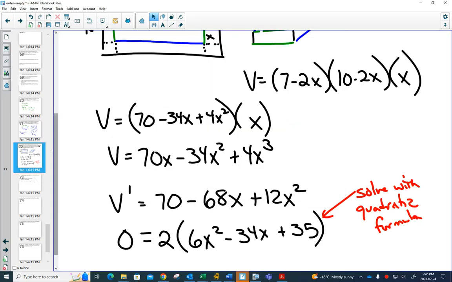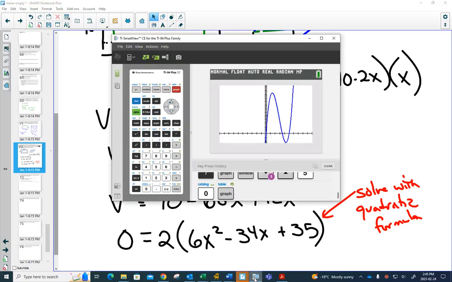You can't cut negative squares out of your corner. When looking at this graph for volume, some other things. Oh, here's a section of the graph where the volume is negative. That makes no sense. You can't have a negative volume. What's happening here? This seems to go between 3.5 and 5. But what happens once I start cutting out squares that are more than 3.5?